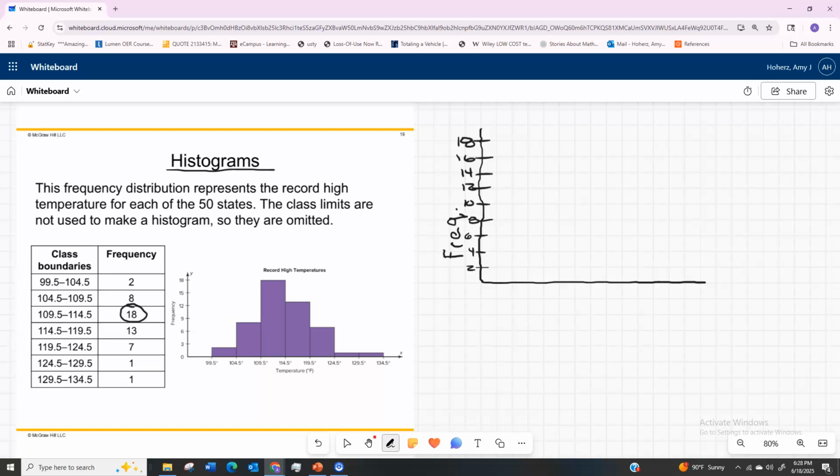Okay? And then along the bottom, if you remember from the prior slide, for histograms, we're going to label the x-axis with the class boundaries. And so I'm going to start my first label down here at 99.5.